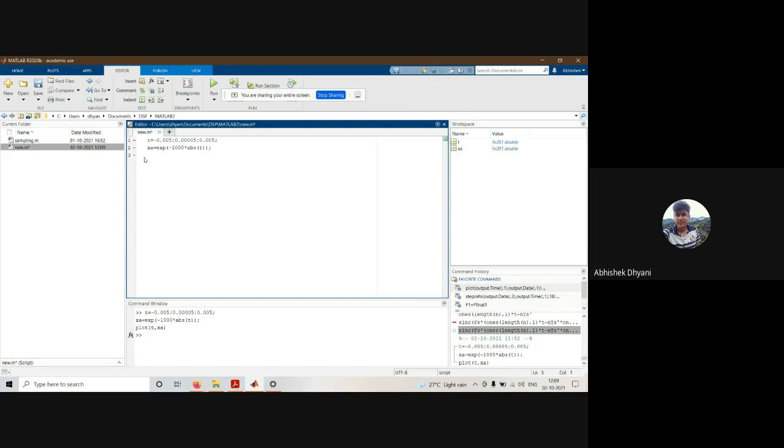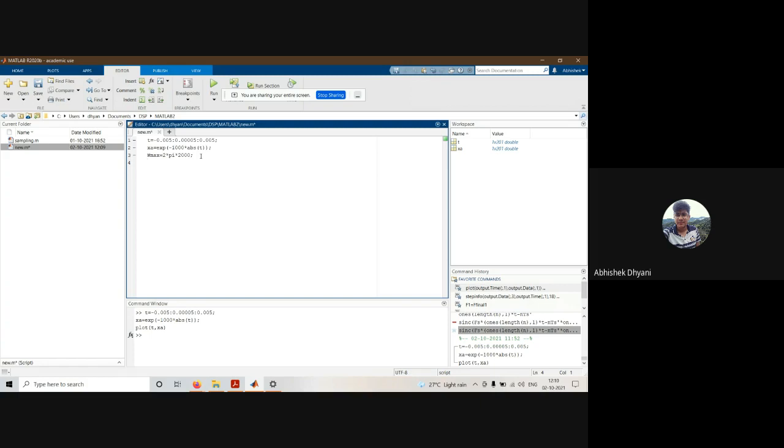Now let us calculate the CTFT. For that, the first thing is to define omega max, which is the maximum frequency. We calculated it as 2 pi into 2000, corresponding to t equal to 0.005. Now I want to take a grid sequence for this frequency.